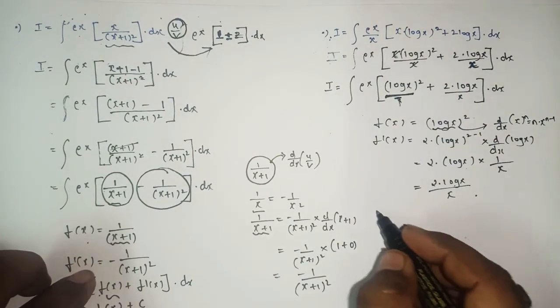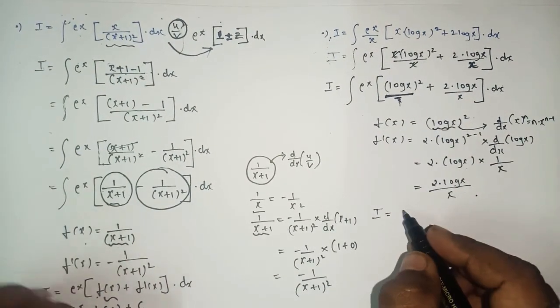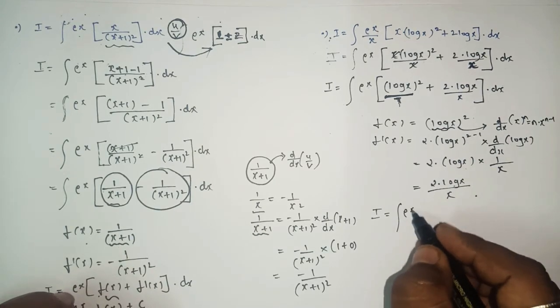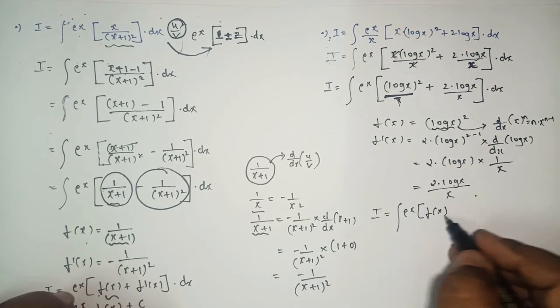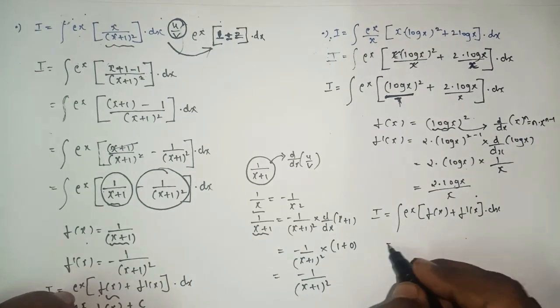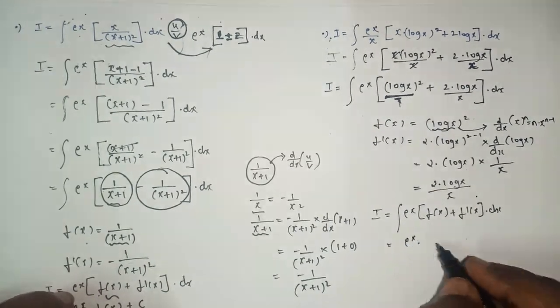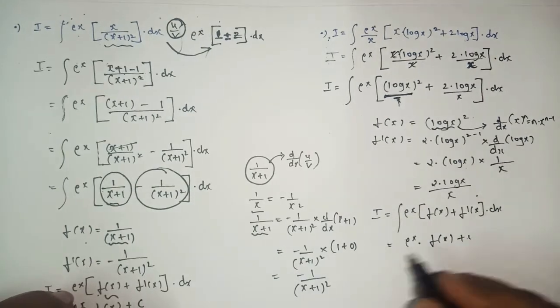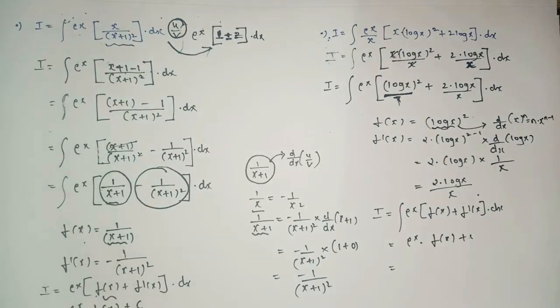So this part will be f of x and this part will be f dash x. Here we come to the conclusion that this looks like e raised to x into f of x plus f dash x into dx, which equals e raised to x into f of x plus c. I hope you all understood the adjustment and how to frame the step for the exam.